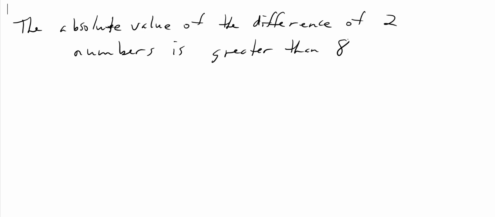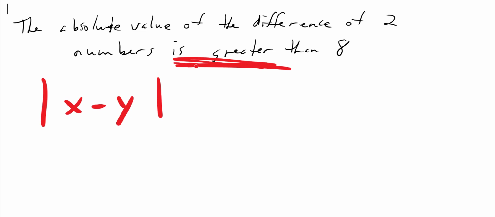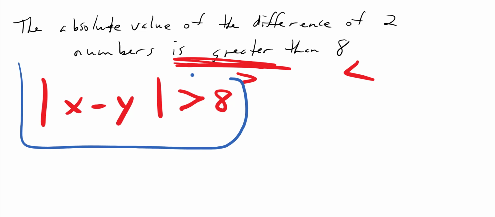Okay, so just like that, this is like the first example you have in your notes, the absolute value of the difference of two numbers. We're doing this exact same thing. The absolute value of the difference of two numbers is greater. Do you guys recognize that's a greater than symbol, right? If it said it's less than, it would be this way. Is greater than 8. That's it? Yeah, that's it. So this is your answer: absolute value of the difference of two numbers is greater than 8. Okay? So just some examples here.